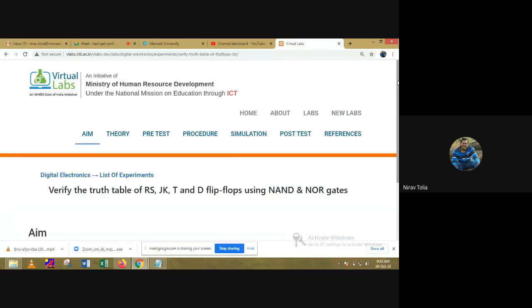Generally flip-flops are made by NAND gates and NOR gates only. We are not using any other gate for the flip-flop.